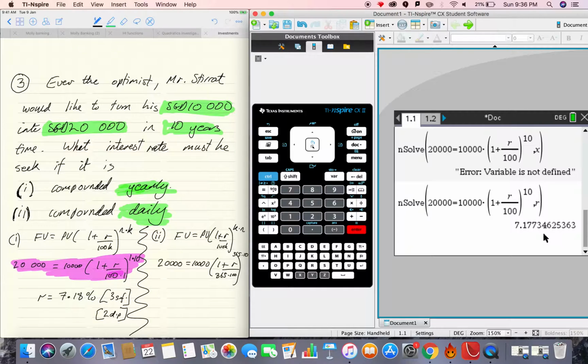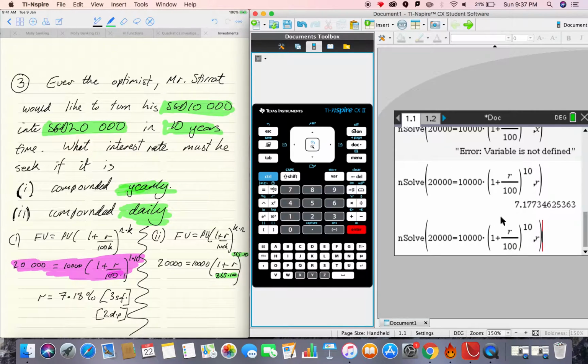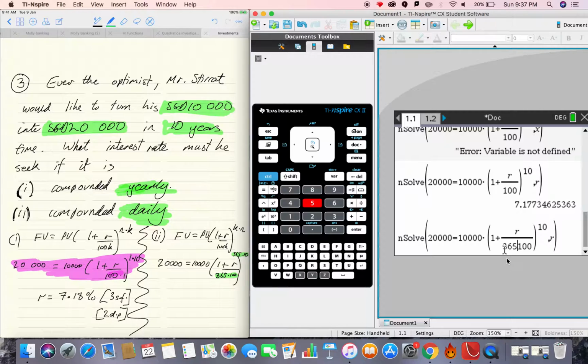Okay, and again we can work out these little bits individually if we want, and then type them in, but we can just reach for nsolve. So let's go up, grab nsolve, and just tweak inside. So in here is 365 times by, and up here is 365 times by. Okay, so if we've got more compounding periods, do you think we'll need a higher interest rate or less?